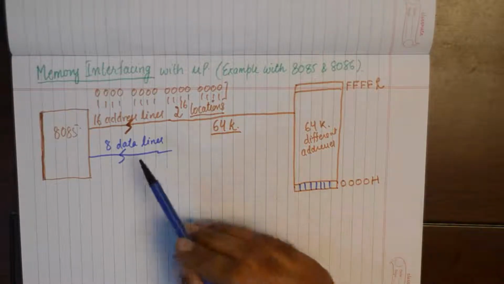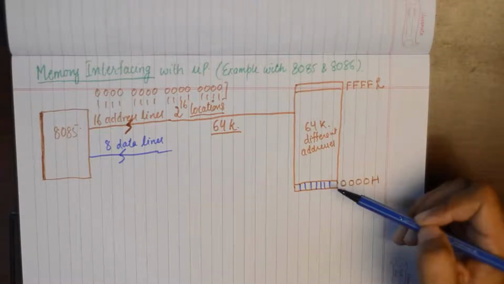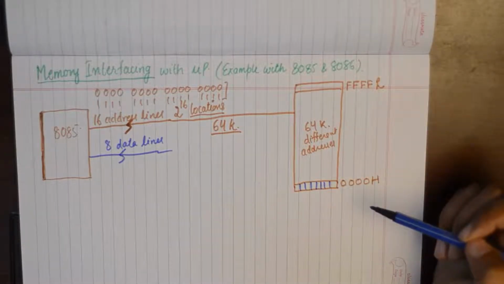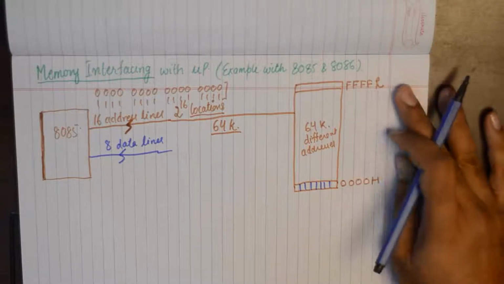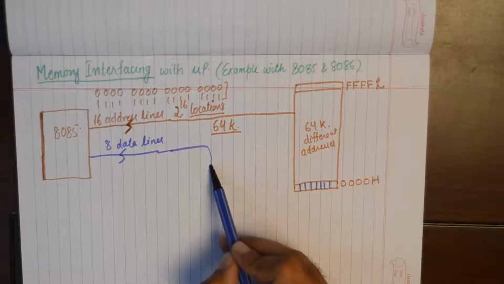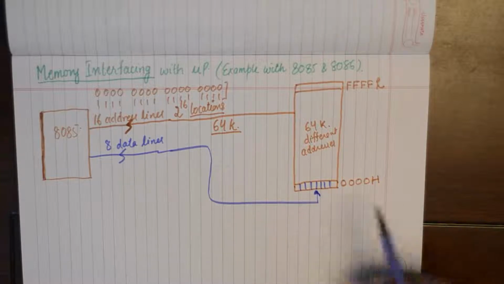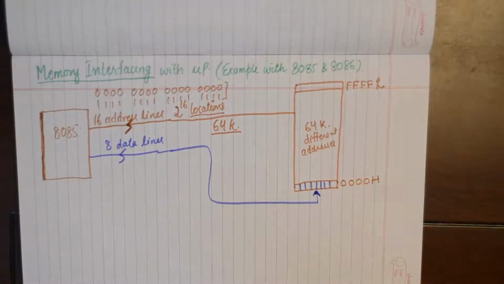If we have a memory that has 64K locations and each location is 1 byte, it will be most optimum to use it with the 8085. So all these data lines will be connected to the registers within the memory.